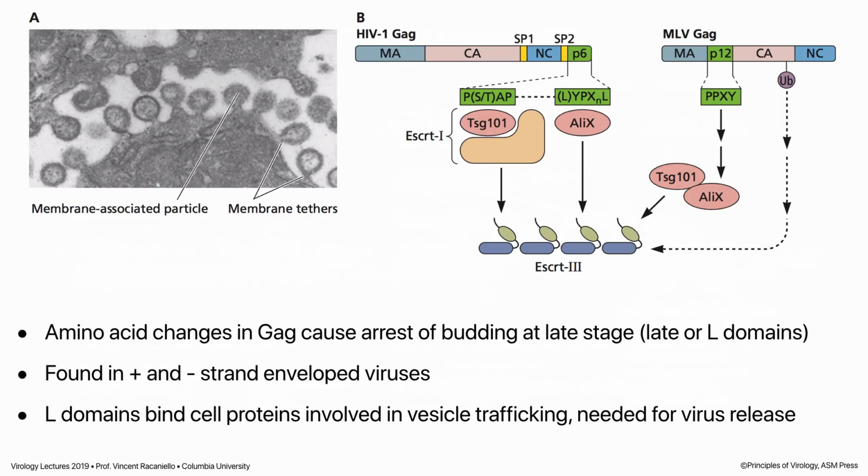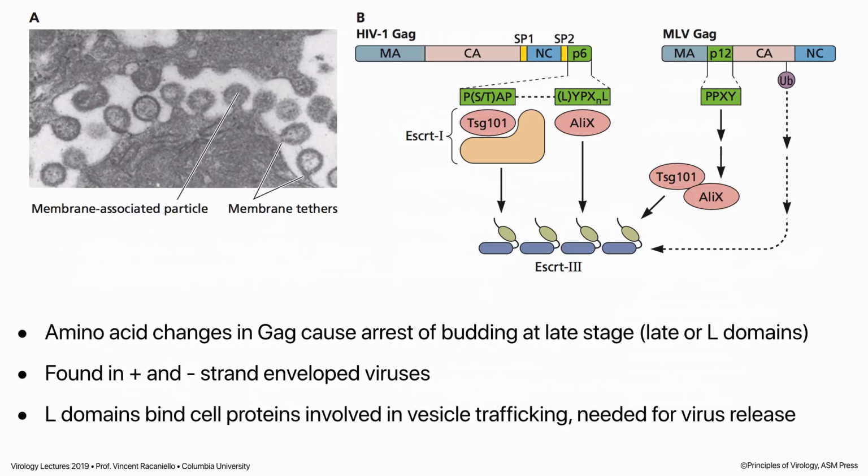You know, here we have matrix, capsid, NC, but there are these little interspersed proteins. And people used to say, they're just linkers. They're there for flexibility. But it turned out if you made amino acid changes in them, you got these budding viruses that never detached from the host cell. They were held on by these stalks or membrane tethers. See them there? Again, amino acid changes in these regions, P6 or P12 of GAG, cause this.